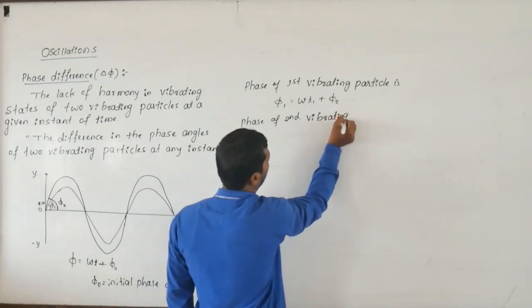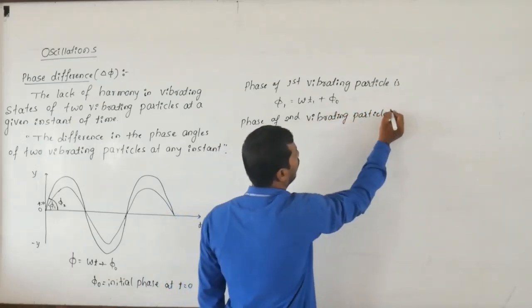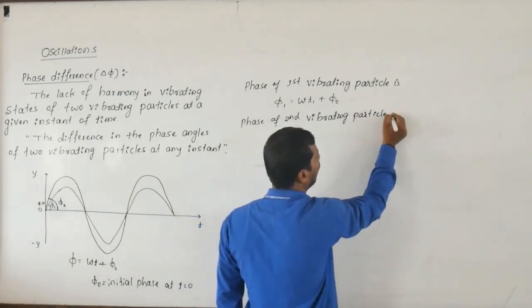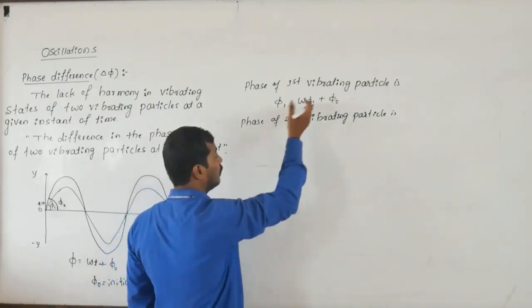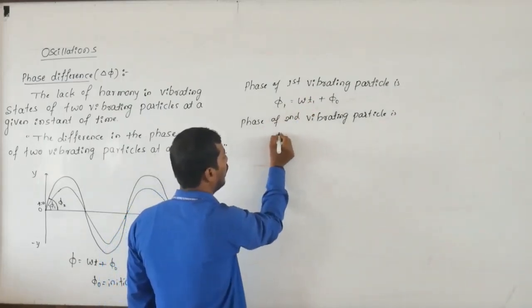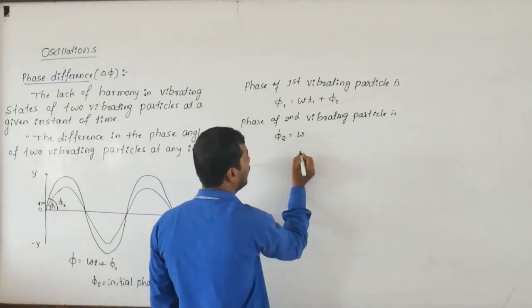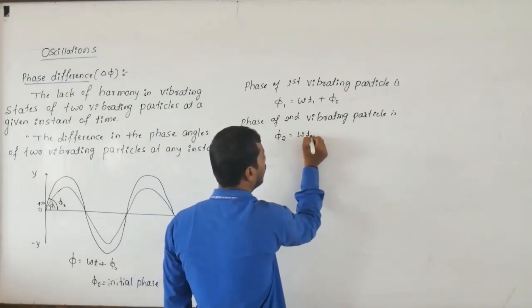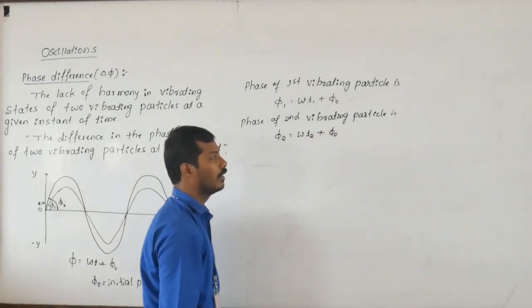What happened? The time taken, that instant of time, is different, because the phase depends on the time only. Then its phase is phi 2 equals omega t2 plus the initial phase, which is the same.